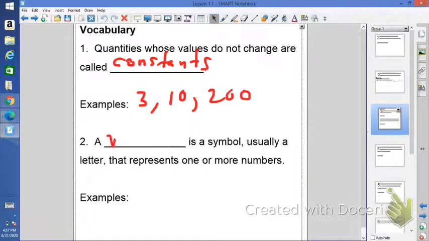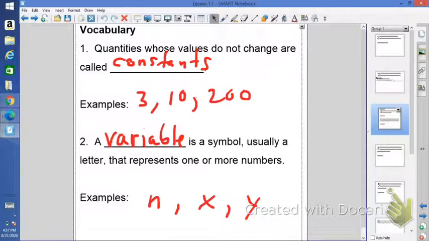A variable is a symbol, usually a letter, that represents one or more numbers. Examples of a variable are n, x, y. Those are the most common letters used to represent a variable.